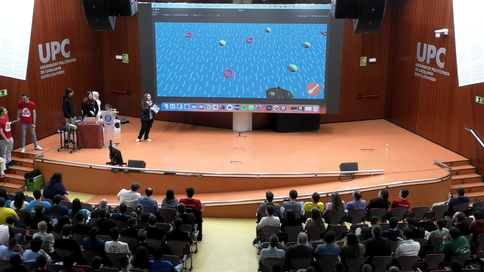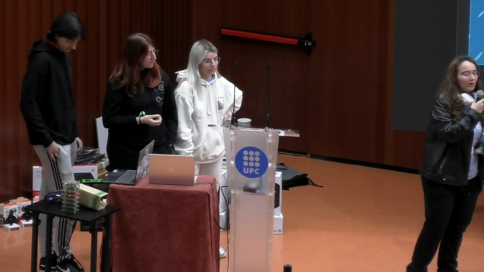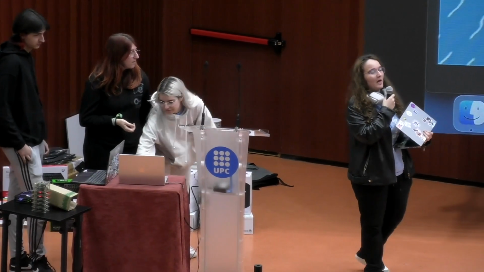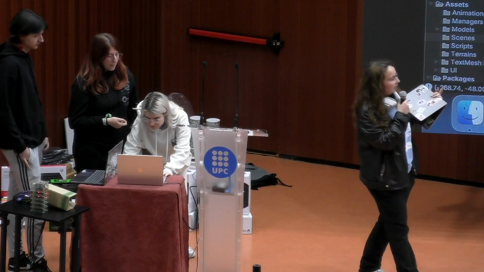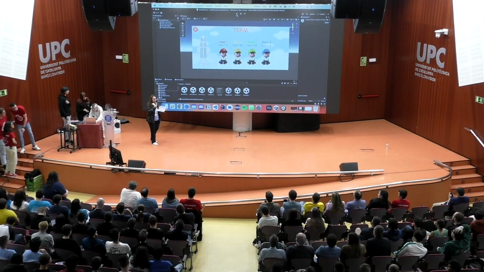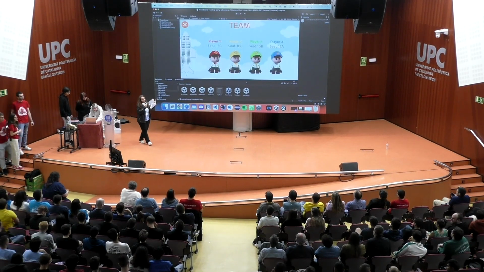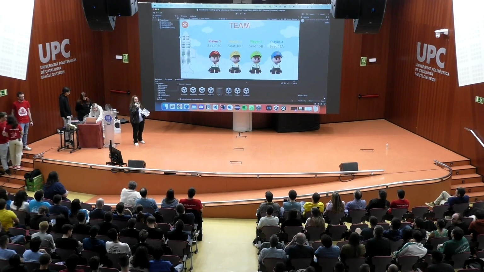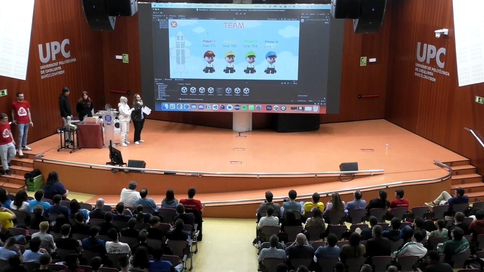The point is that our idea is that the people who are playing have to know where the other people are, because they have to socialize. For example, in this game, when one person moves, the player moves to the right, and when the other moves, it goes up. So you have to communicate with the other people, so you have to know where they are.